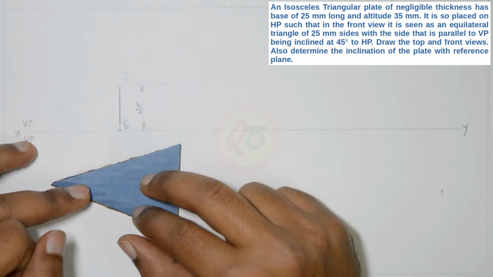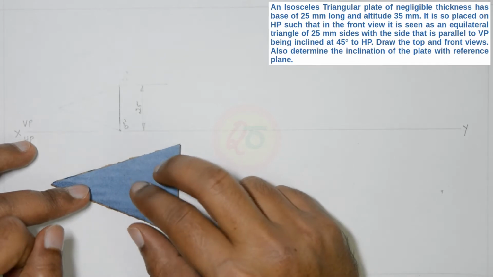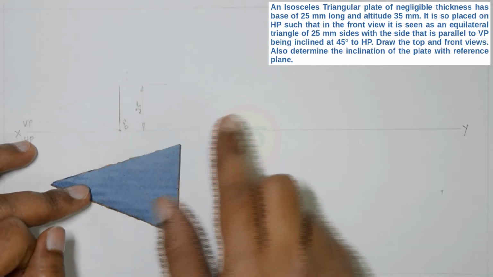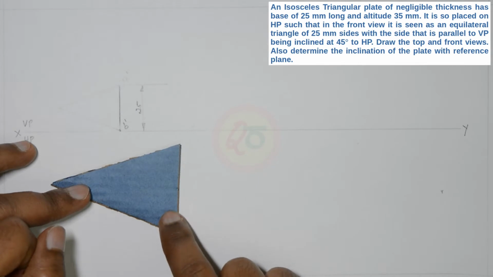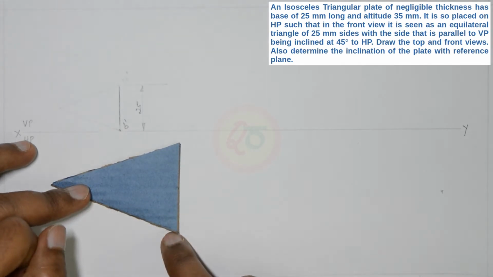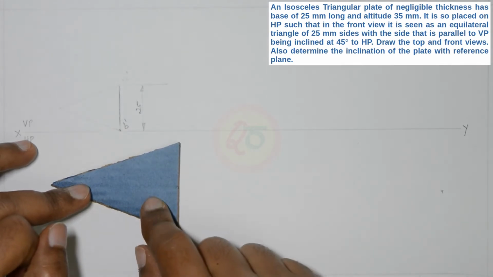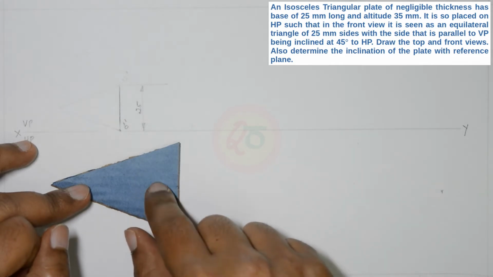But if we do like this, in the front view, in both the first position and the second position, the triangle will be seen as a straight line, which is not the given condition.